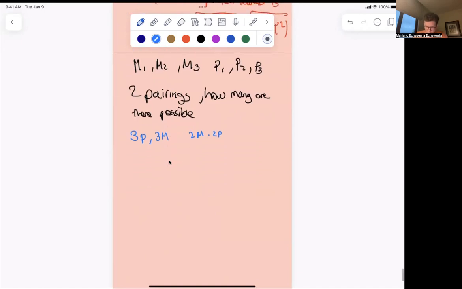But if you compare this to the formula that I wrote for this version, it would be 3 choose 2 times 3 choose 2 times 2 factorial. Right, and what is 3 choose 2? Is that just 3?